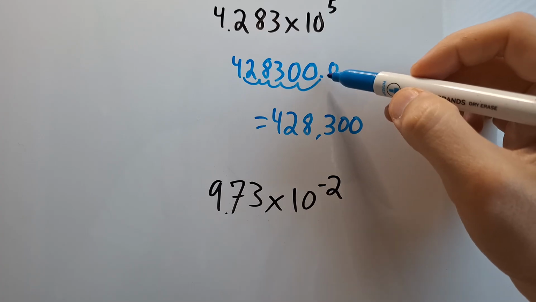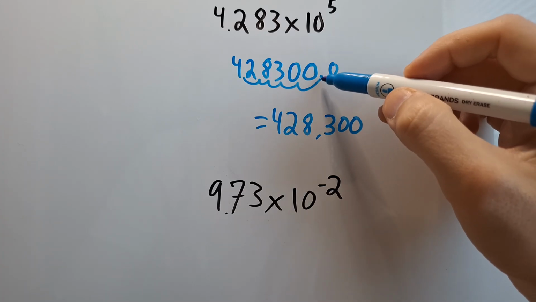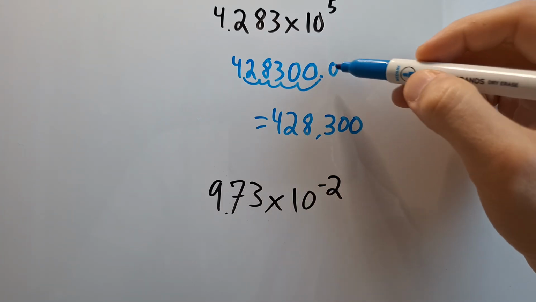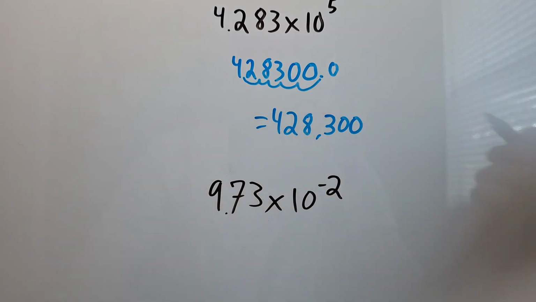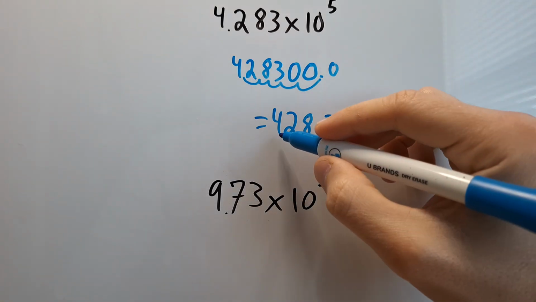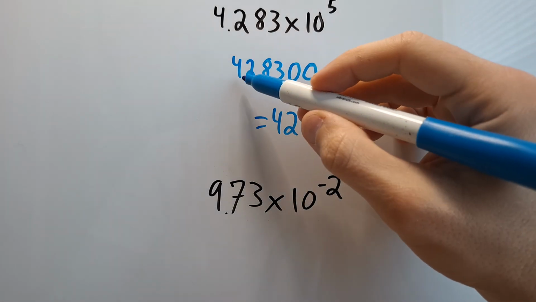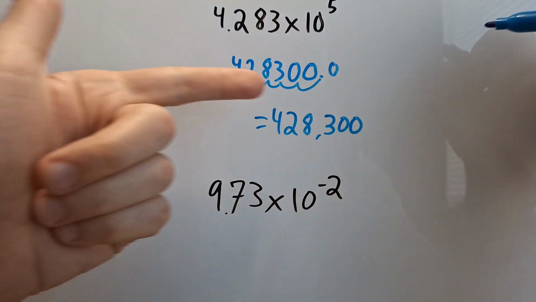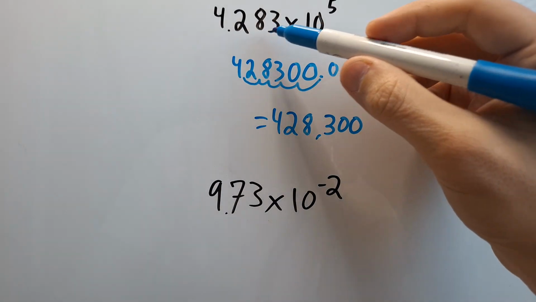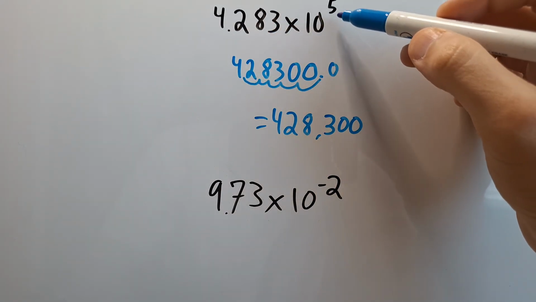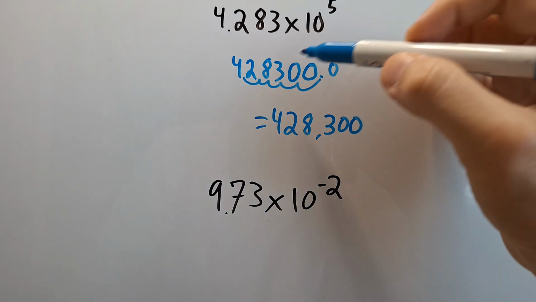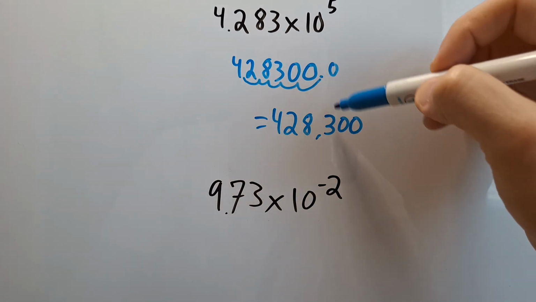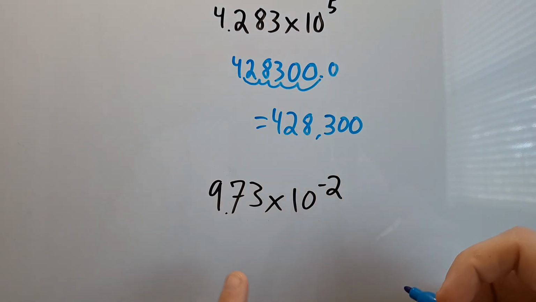The 0.0 was just to indicate that this is the whole number value, and the 0.0 part was just added on, just in case I needed to add any more zeros. But for here, we move 5 decimal places to the right. Because remember, this number indicated by the positive exponent, we're moving that decimal point to make this number large.